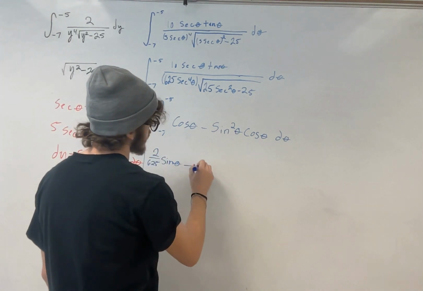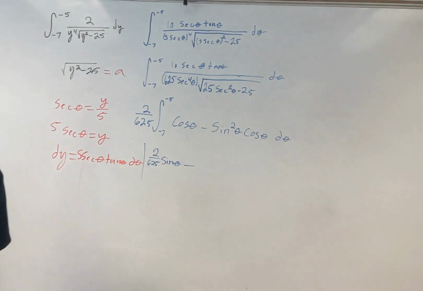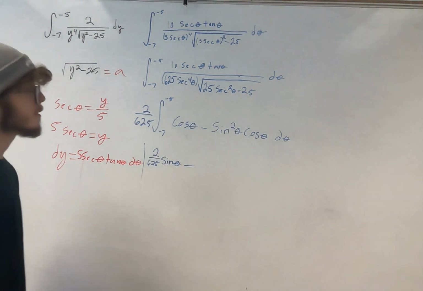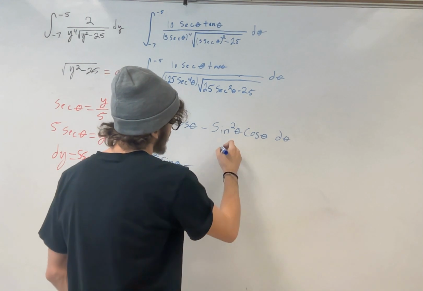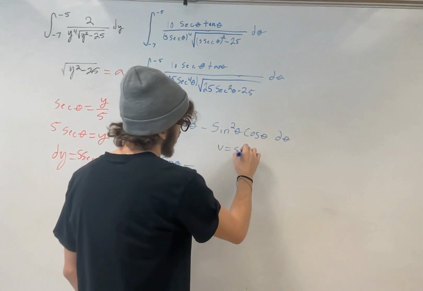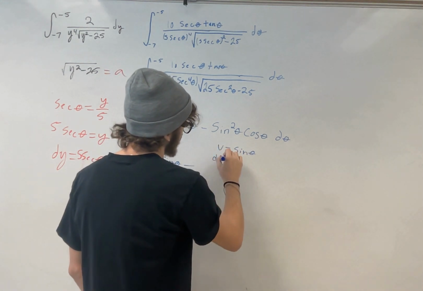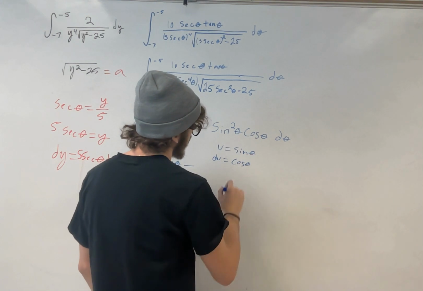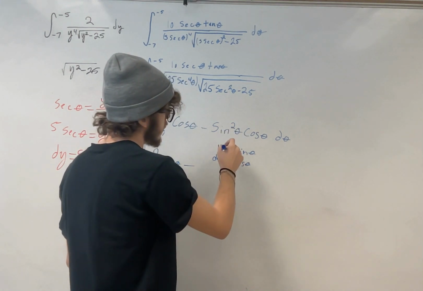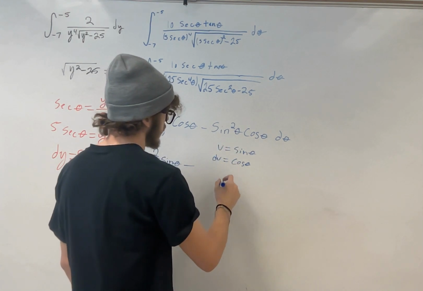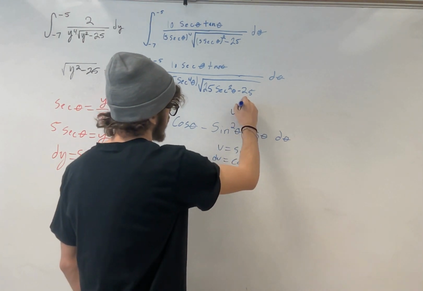And this is going to be subtracted by, and this is a simple chain rule here. We'll do a u-sub, but I can do the u-sub in my head, but doesn't mean you can. U equals sine of theta, where du equals cosine of theta, right? Notice how u here is to the second, right? We'll just have to do a simple power rule because this will be u squared du.